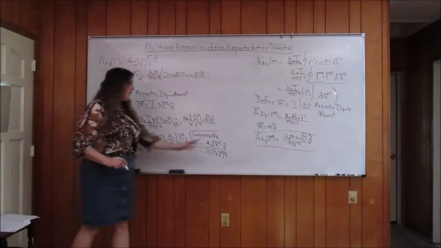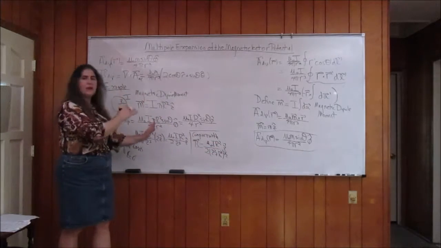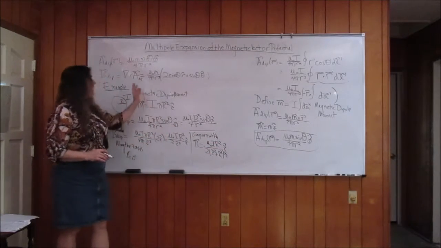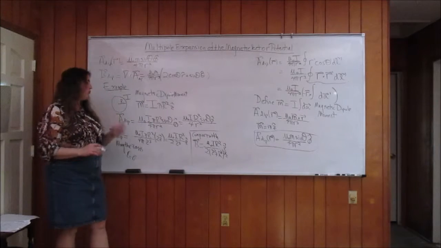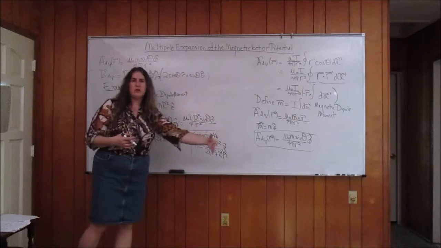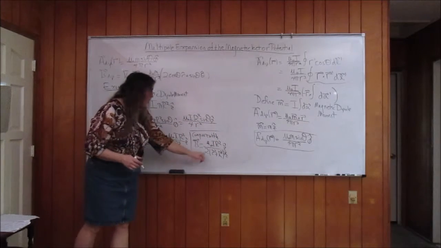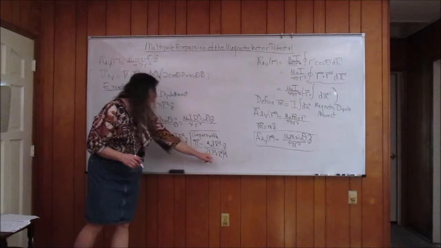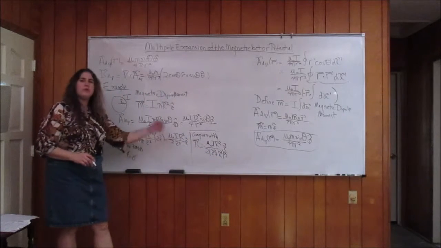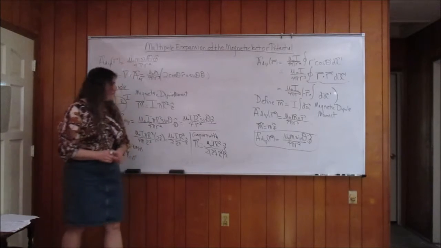Now, if I take the limit that z is much, much larger than the radius, that's what we're doing after all when we're looking at the multipole expansion. We're interested in the expressions valid for distances much greater than the dimensions of the loop or whatever you're looking at. So if z is much, much larger than r, this collapses to the expression I get using the magnetic dipole moment. Okay?